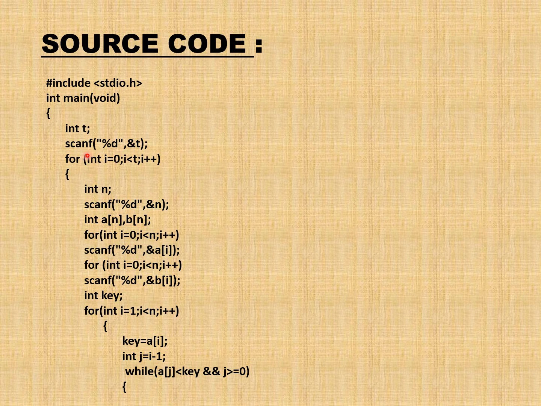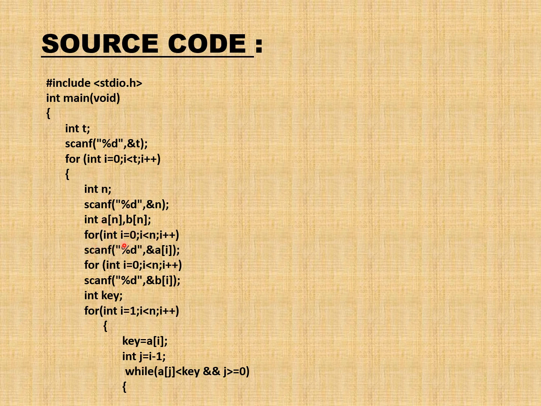For that we have to use the scanf function, which is an input function. Now we are using a for loop: for int i equals 0, i less than t, i plus plus. In the for loop we are declaring n as an integer. With scanf, we take n as an integer at runtime. Then int a[n], b[n].